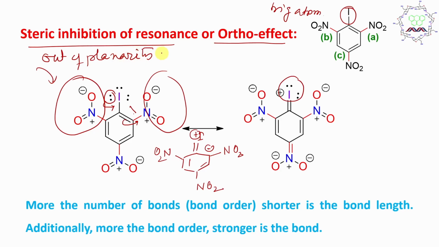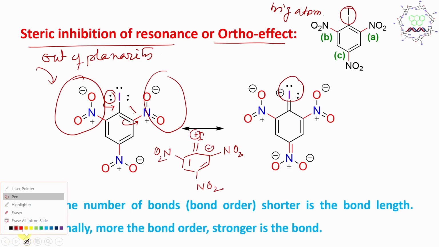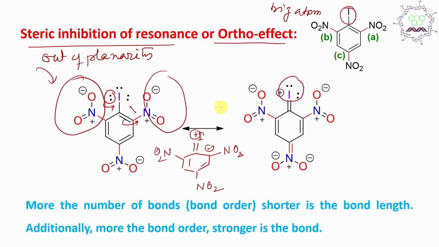They cannot delocalize the electron density coming from this iodine. I mean these electrons could not be delocalized efficiently. Why? Because in order to delocalize these electrons, these NO2 groups need to be in the same plane, which is not possible due to the larger size of this iodine atom. So that's why delocalization is not possible on the ortho side.